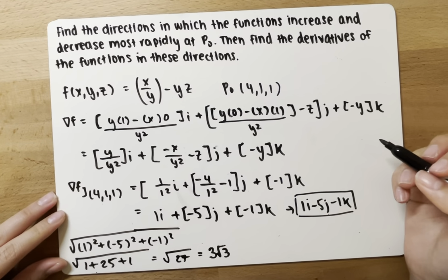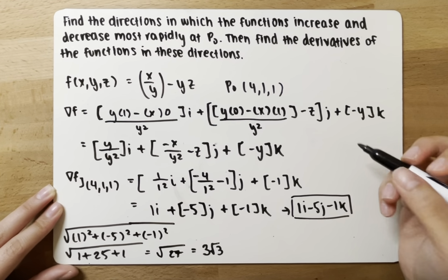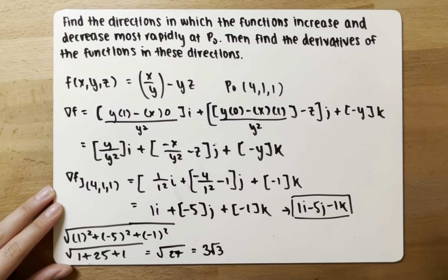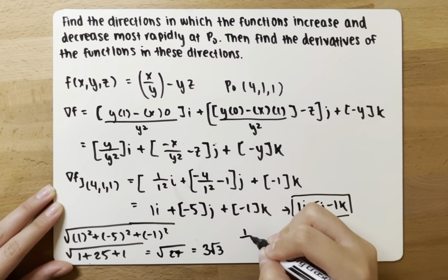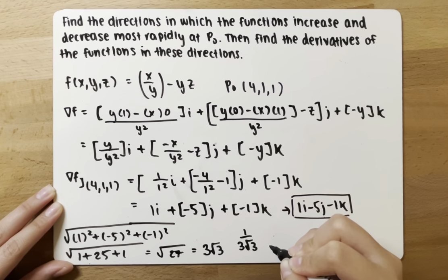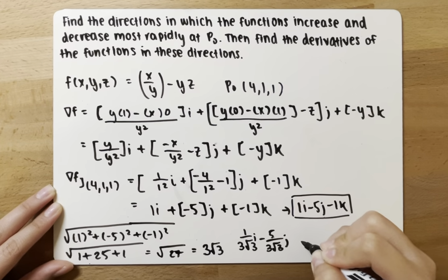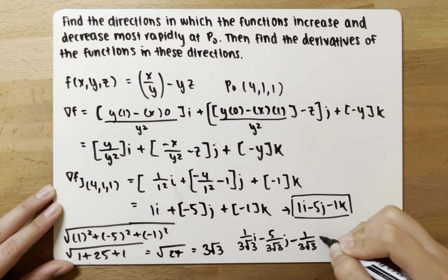Now, in order to find the direction in which the function increases most rapidly, it would be the gradient over its magnitude. So it would be 1 over 3 root 3 i, minus 5 over 3 root 3 j, minus 1 over 3 root 3 k.